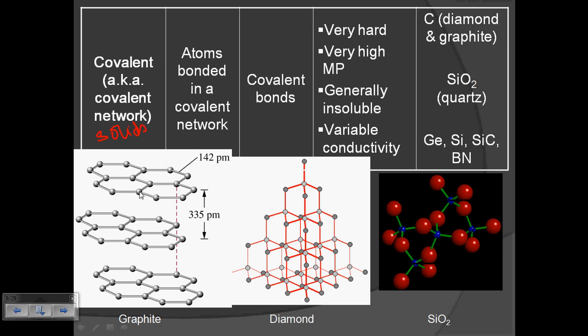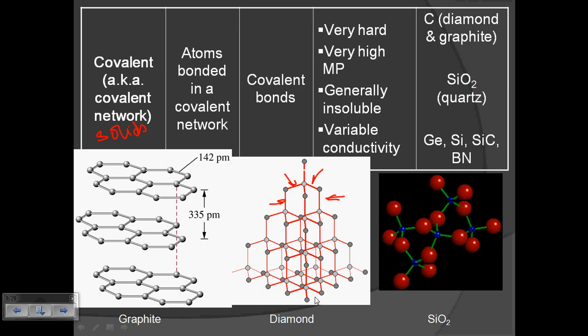So these covalent network solids have very high melting points and very high boiling points, and they are generally insoluble because each atom or molecule is bonded to another through a covalent bond. And covalent bonds are very strong because they are formed by sharing of electrons and not transfer of electrons. So covalent bonds are very, very strong.